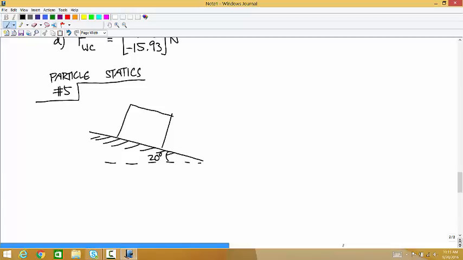The box has a mass of 20 kilograms and it's at rest on the incline. Its friction contact, and there's a force of 50 newtons that way.